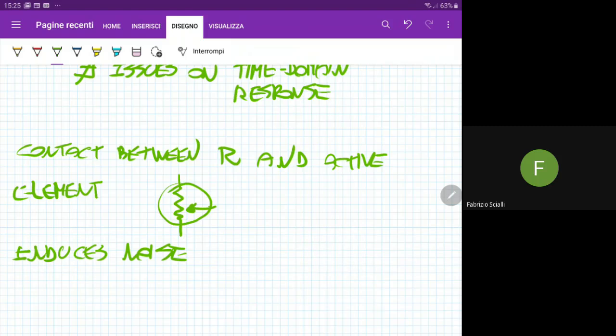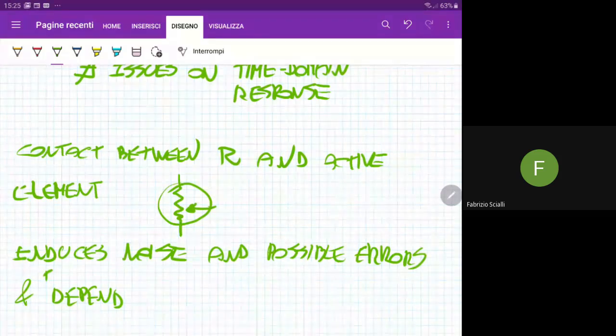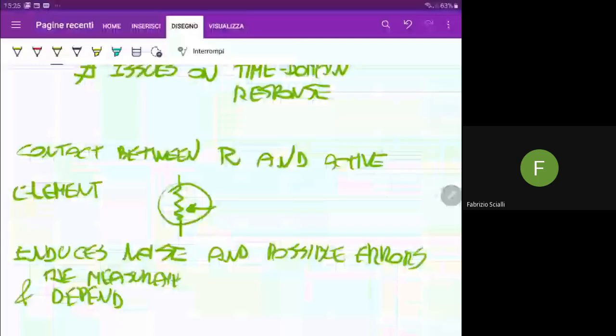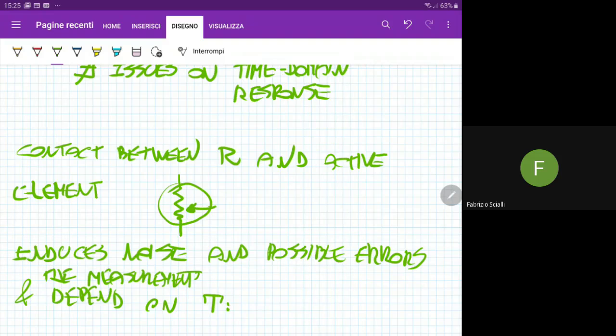and possible errors. And the measurement depends on temperature.